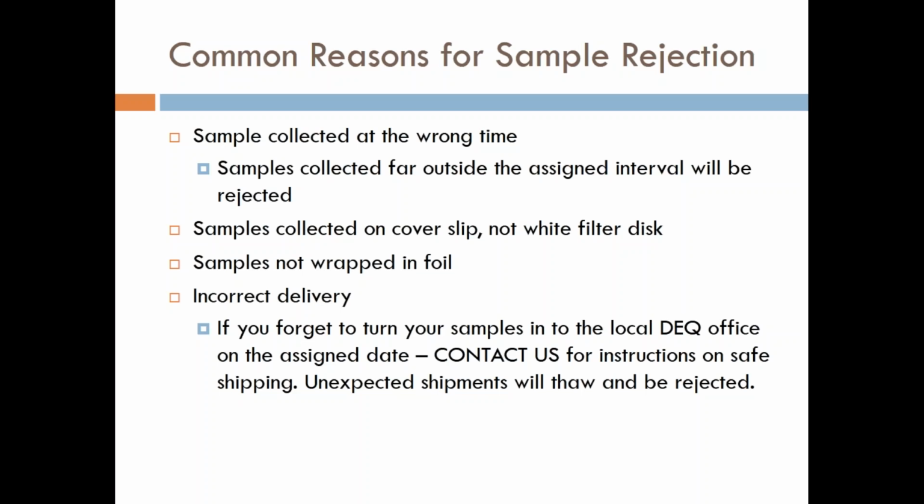Okay, so now the second bullet on here, this is by far the most commonly made mistake. When you get your filters, they come in these little envelopes. In the envelope, there are actually 2 small circles, one of which is called the cover slip, and one of them is the actual filter disc.